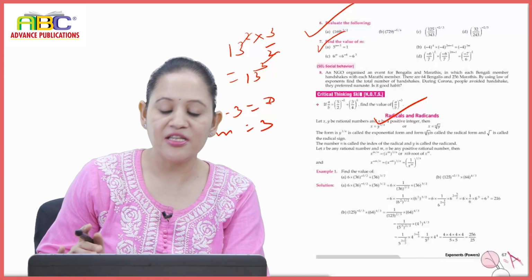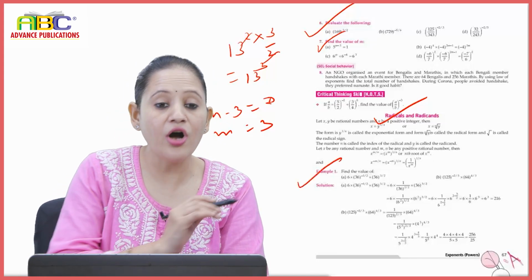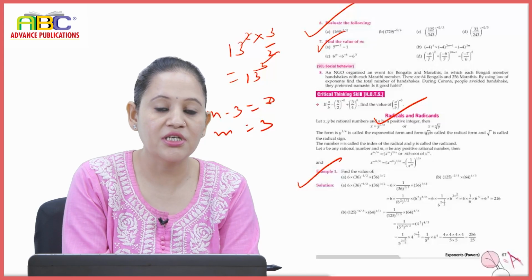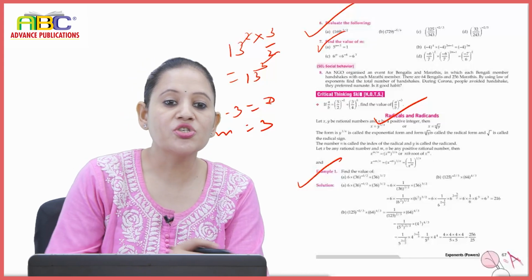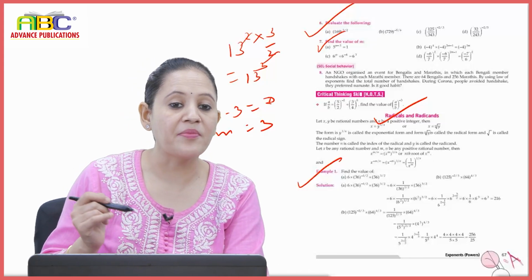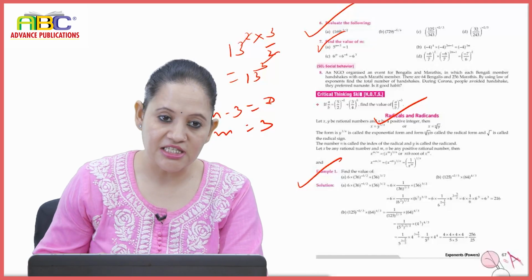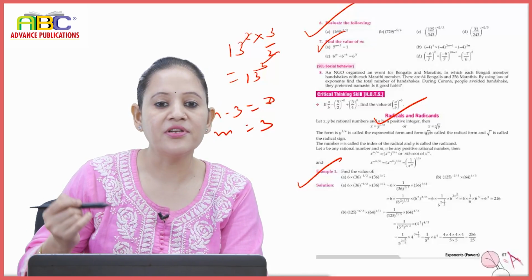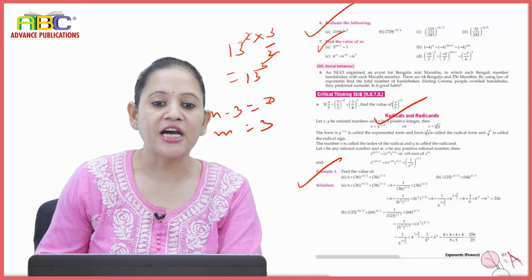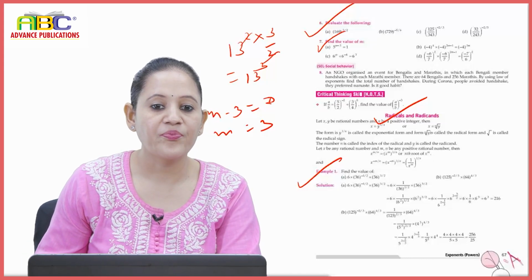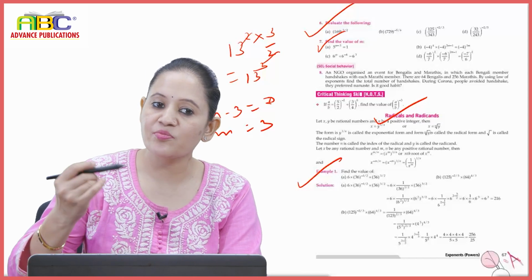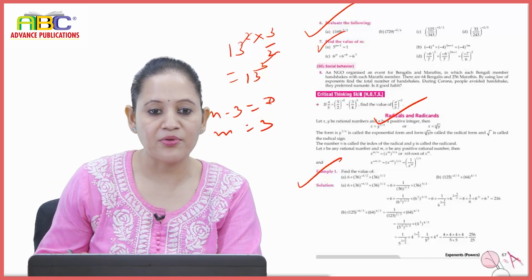Let us understand an example. Find the value of 6 into 36 to the power minus 1/2 into 36 to the power 3/2. So 6 into 36 to the power minus 1/2. We take it down so the power becomes positive. Clear? Multiply 36 to the power 3/2. So we can write it as 6 into 1 upon 36, which we write as 6 to the power 2 multiplied by 1 upon 2.